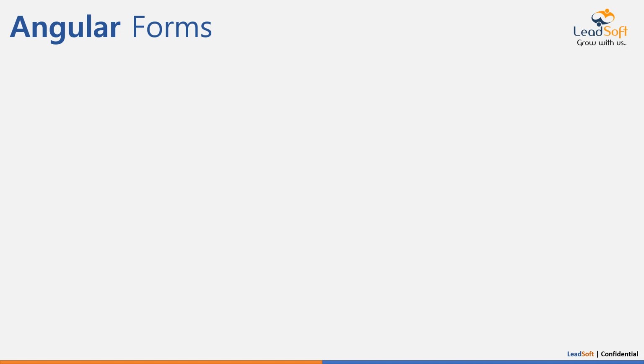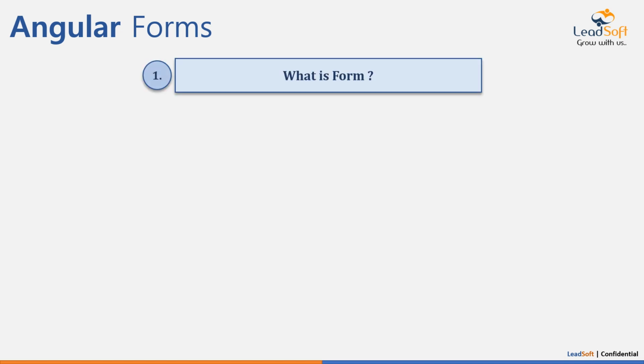In this video tutorial, we are going to understand what a form is, what the different types of forms in Angular are, and how we can implement them in the easiest way. The very basic thing to understand initially is what a form exactly is. A form gives us the way to take user input in our programming languages.